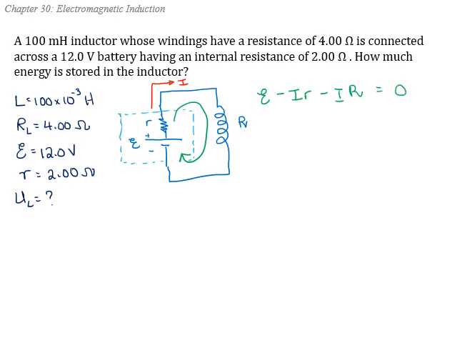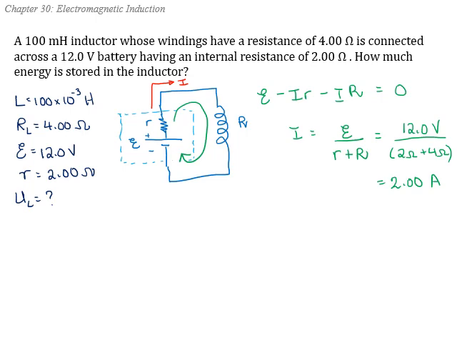The net potential has to be 0, so we can solve for our current. It's the potential divided by the two resistances. Our potential is 12 volts divided by the sum of the resistances, which is 2 ohms plus 4 ohms. I'm going to lose sig figs here so that I can keep my units. And 12 over 6 is 2 amps. So the circuit has a current of 2 amps flowing around.